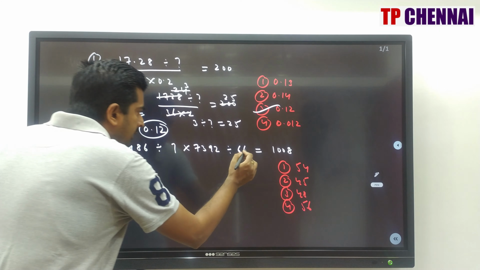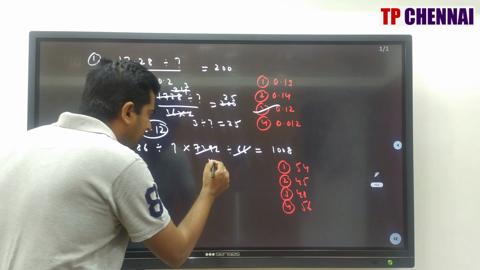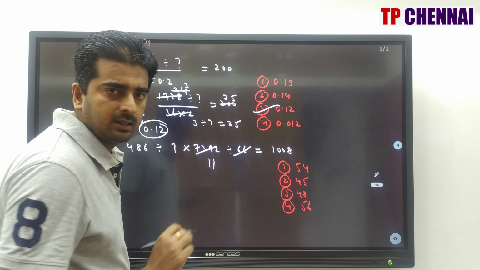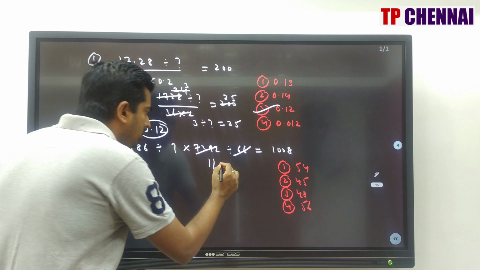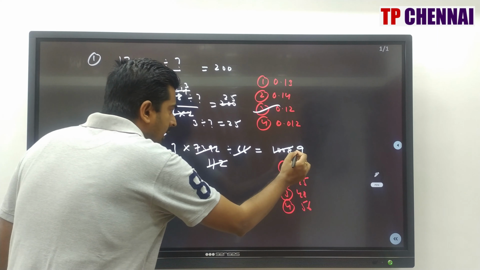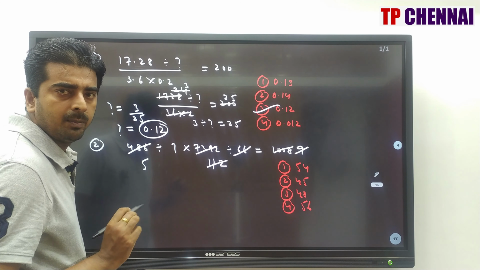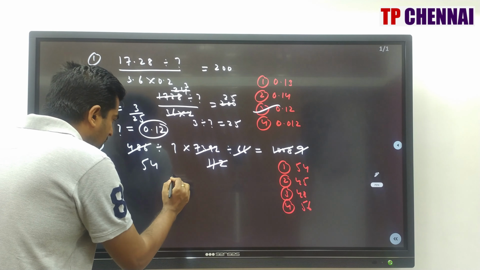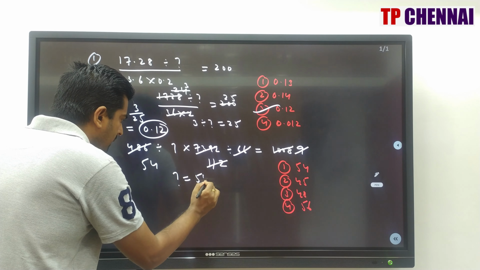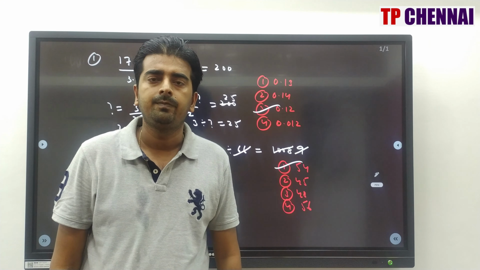So directly 66 ones are 66, remainder is 7, 79, 66 again ones are 66, remainder is 13, 132 2 times, 9 times. So question mark is equal to 54. So quickly you have to solve. My answer is first option.